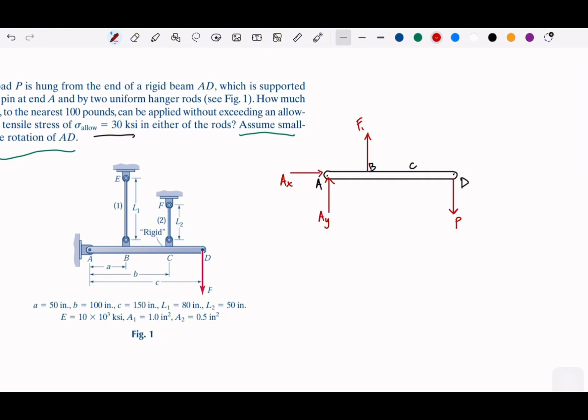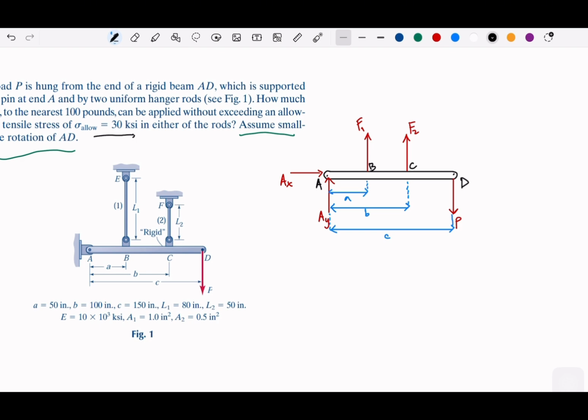Let's name this as F1. And at C we have another tension and naming as F2. And then all have a different distance. This is A, this is B, this is C. Okay, I think all clear. Okay, now we can continue to work.